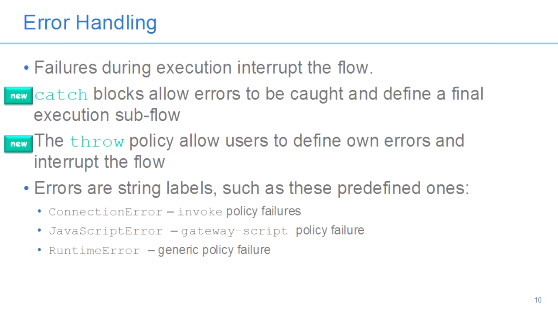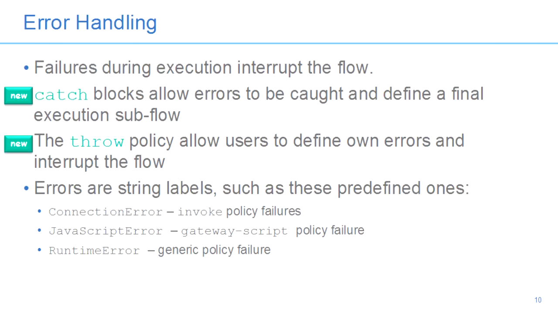Moving to the topic of error handling, we also introduced a couple of new language constructs, like we have operation switch and if. We have the ability to add catch blocks into your flow. So in case there is a failure during the flow execution, you can catch that failure and run a final termination subflow.